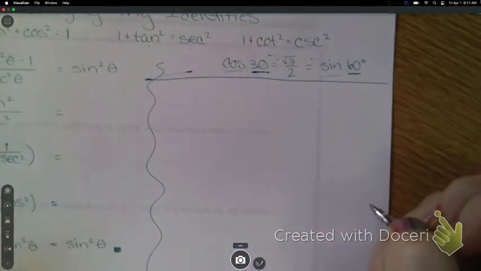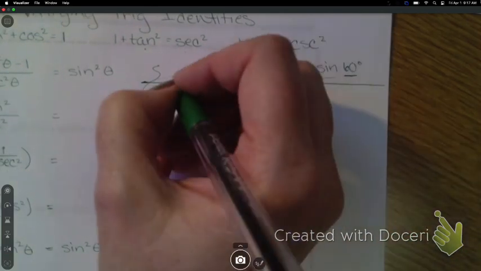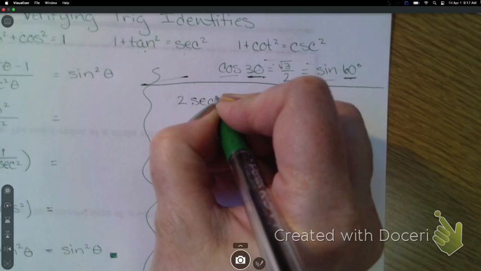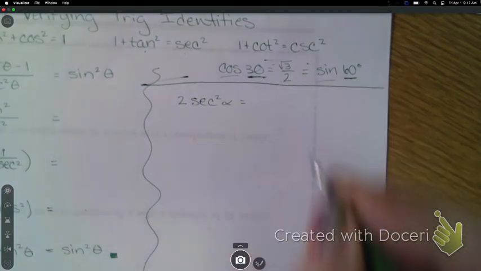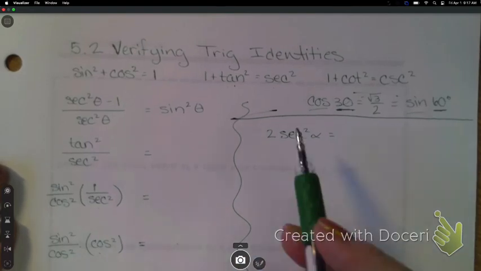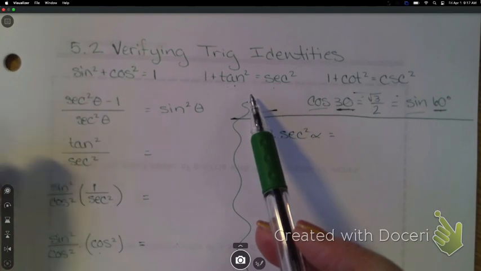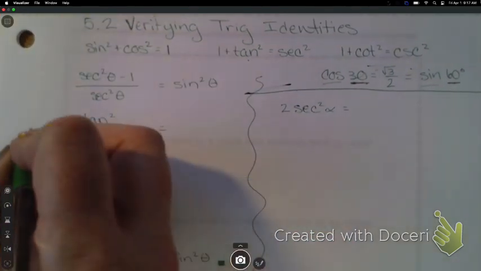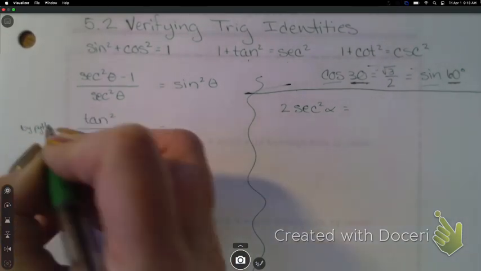Okay, so now I have, for the beginning, it was like secant squared theta minus 1, did you just take the Pythagorean identity? Yep, I just used the Pythagorean identity. Now, I did not make you justify anything, and I didn't say by Pythagorean identity.